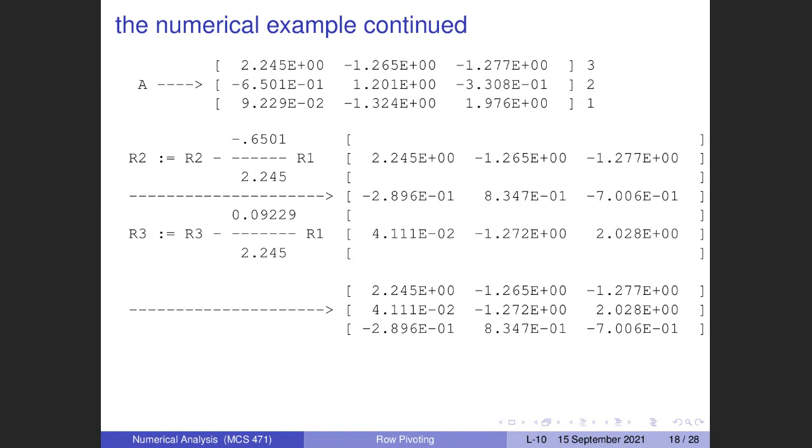So we are now reducing this part. The 1st row is now okay, but we are going to reduce this part using the multipliers defined by the numerator, and then we have the 2 denominators that are coming from the elements.